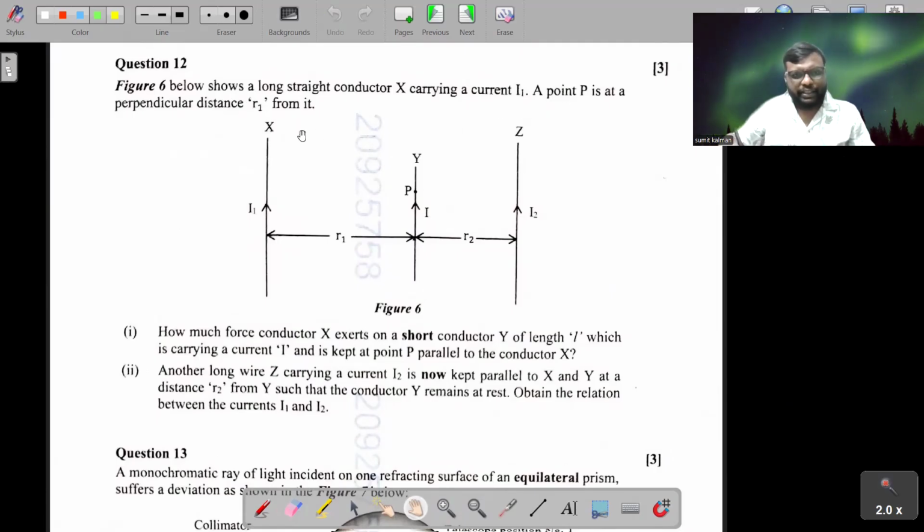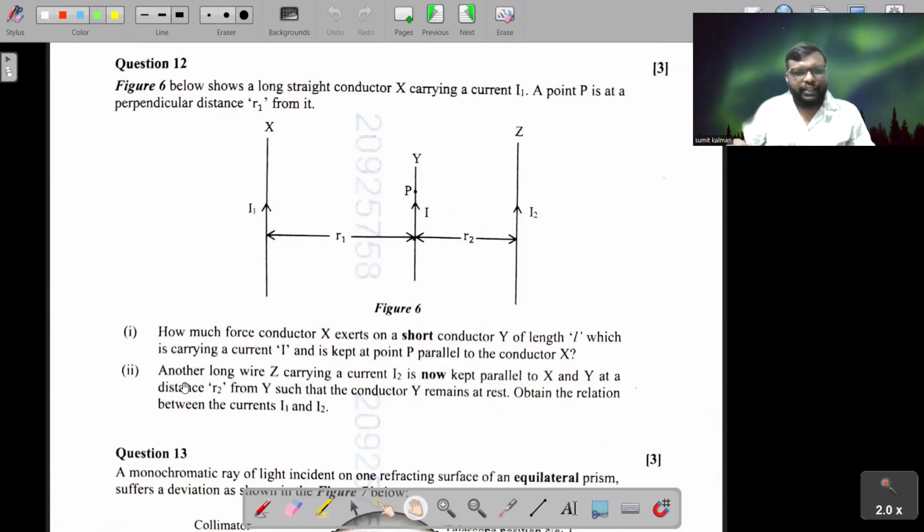At a point P, at a perpendicular distance R1 from it, how much force does conductor X exert on a short conductor Y of length L, which is carrying a current I and is kept at point P parallel to the conductor X?